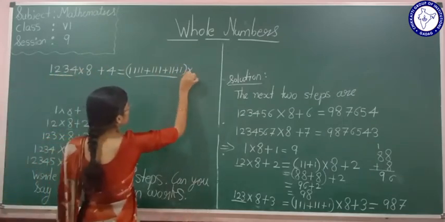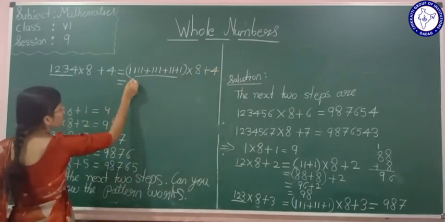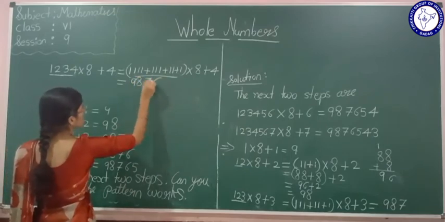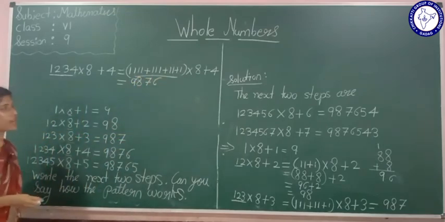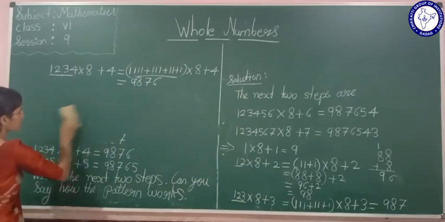If you multiply it by 8 and add 4, you are going to get the answer 9876.